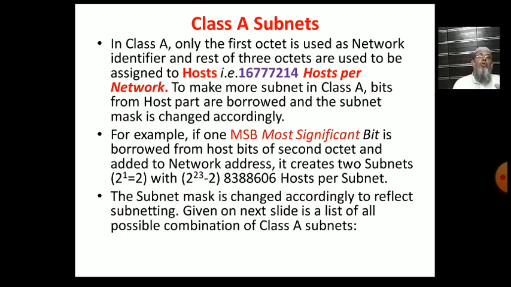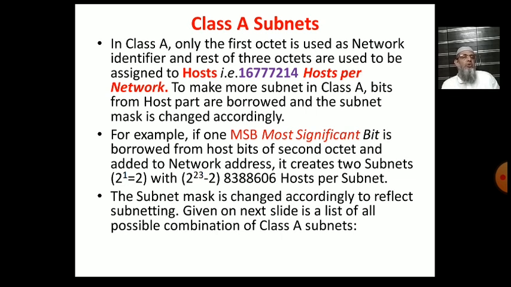Now the host has only 23 bits. So 23 bits means 2 raised to 23 minus 2. The value will be 83,88,606 hosts. It is almost half, slightly less than half, so it has a lesser number of hosts.